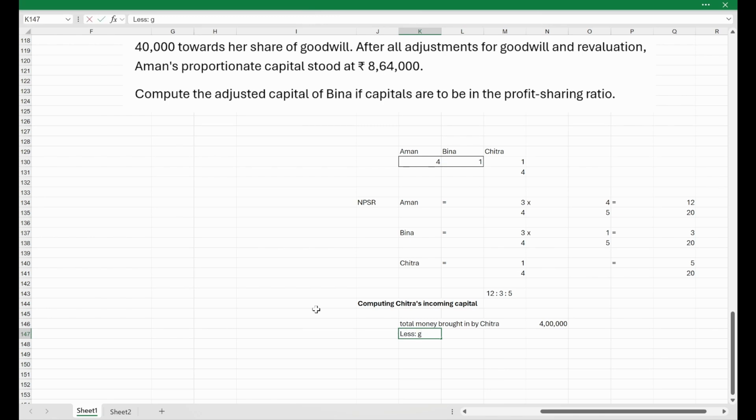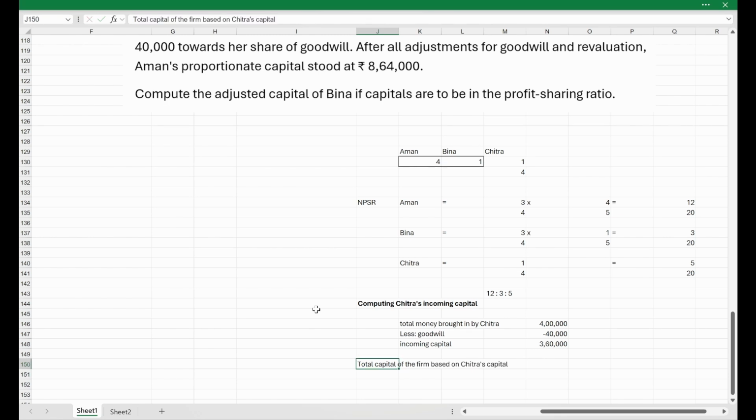Therefore, you remove her share of premium for goodwill, which is 40,000. Therefore, capital brought in by Chitra is 3,60,000.